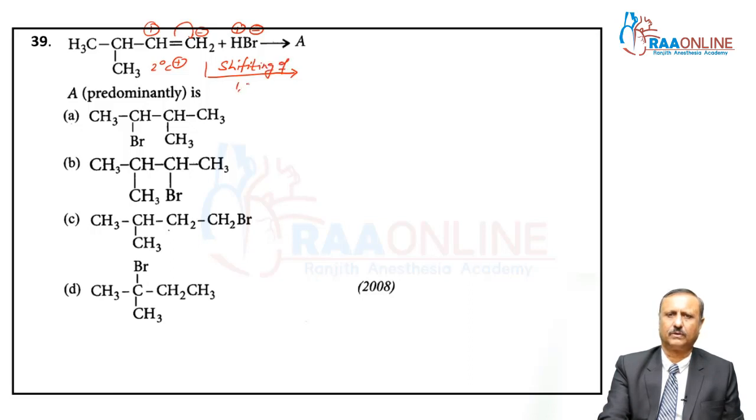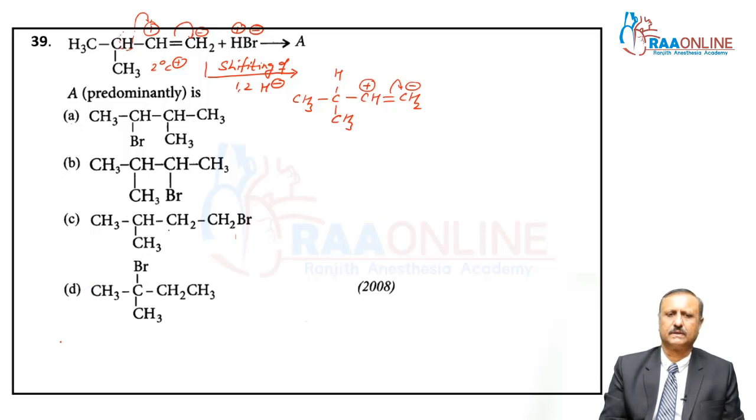Shifting of a 1,2 hydride ion occurs. This is the hydride ion, and this is a shift. We can form the structure of this secondary carbocation: CH3, here you can write H, and my dear students, this is CH3, here CH double bond CH2, here the minus charge is present, and here you can get the plus charge.